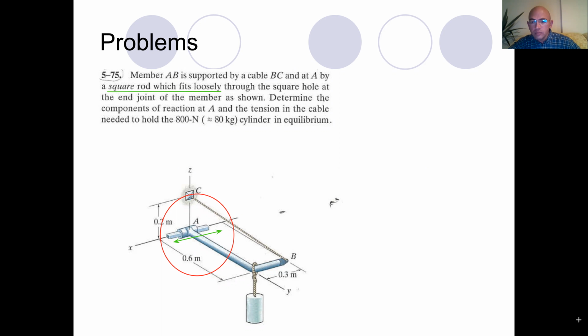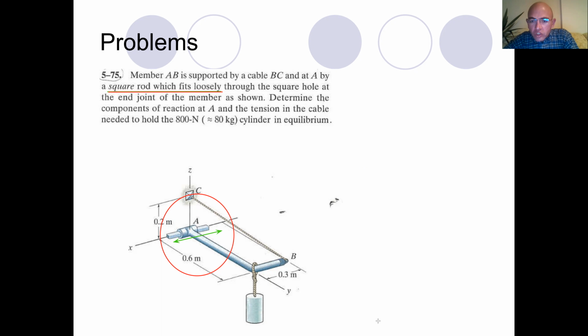As you see, since the connection is loose, it can easily move. Okay, this is one thing.